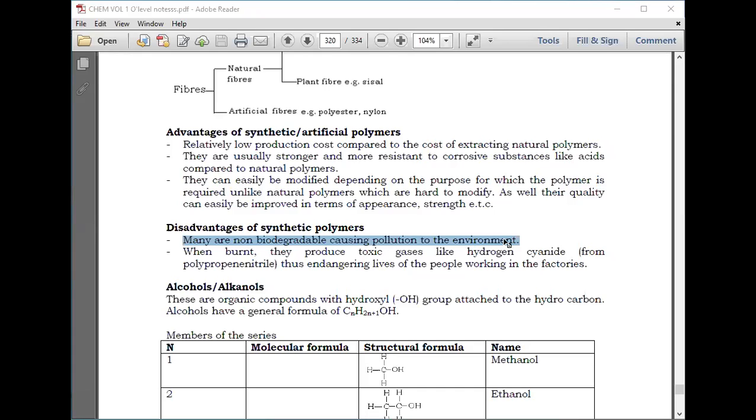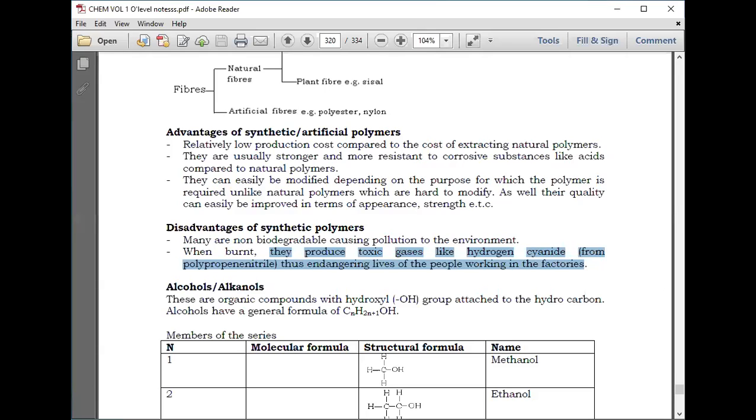You remember the campaign to ban kavera, because they are non-biodegradable, which causes pollution to the environment. Okay? When burnt, they produce toxic gases like hydrogen cyanide, thus endangering lives of people who work in factories. So that is also another disadvantage.